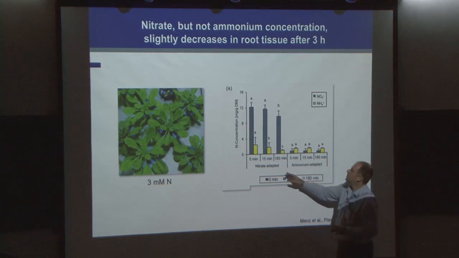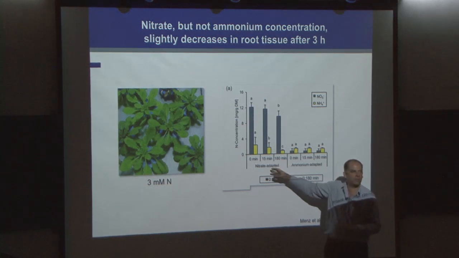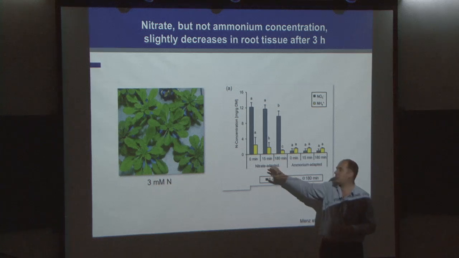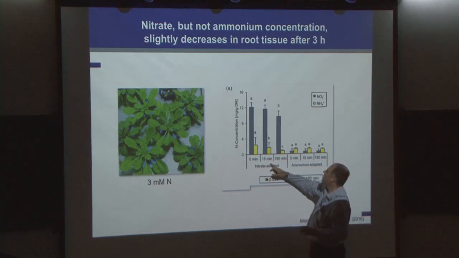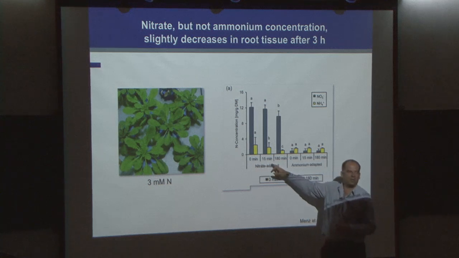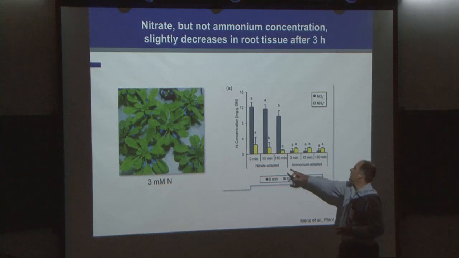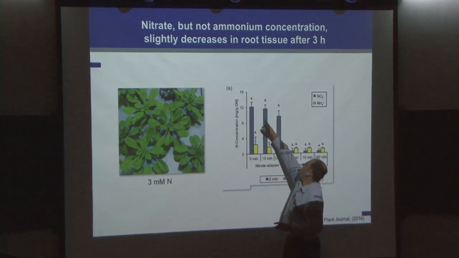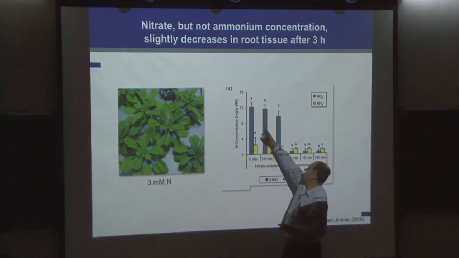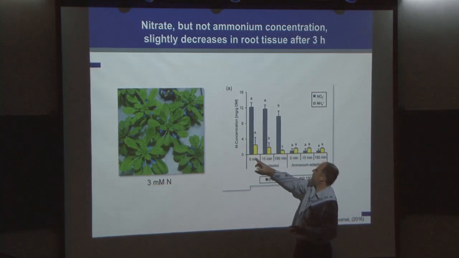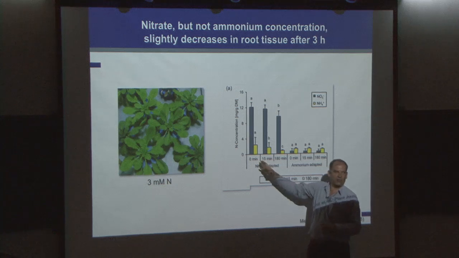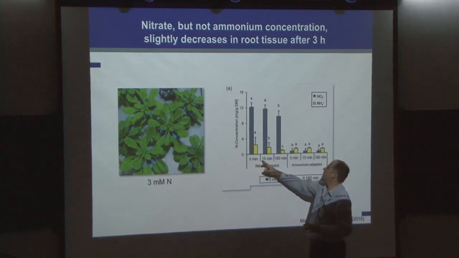And we looked at what happens with the ammonium and the nitrate in the roots of these plants when we transfer them. We looked after 15 minutes. We thought maybe something is as quick as 15 minutes. So this was the nitrate in the roots in the control condition at 0 minutes.